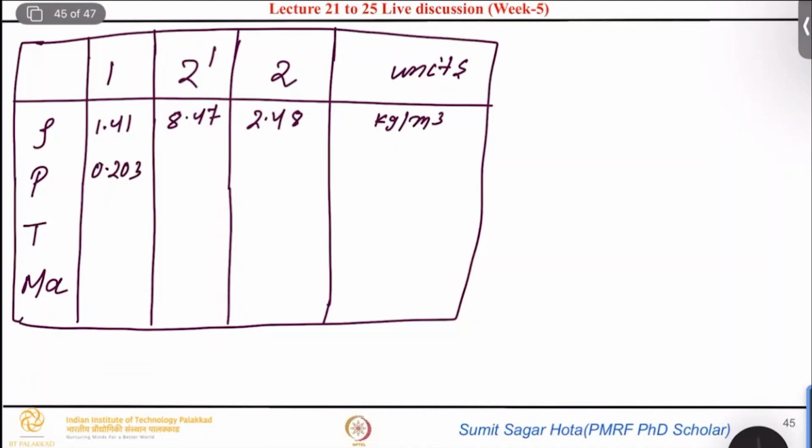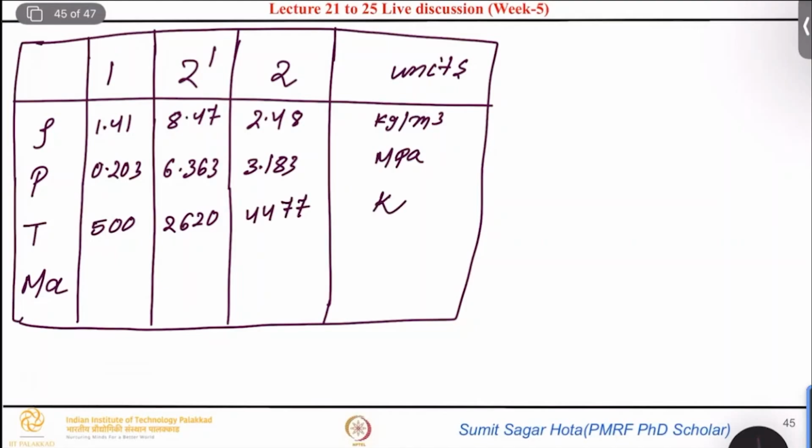Pressure: 0.203, 6.363 and 3.183 megapascal. Temperature: 500, 2620 and 4477 Kelvin.